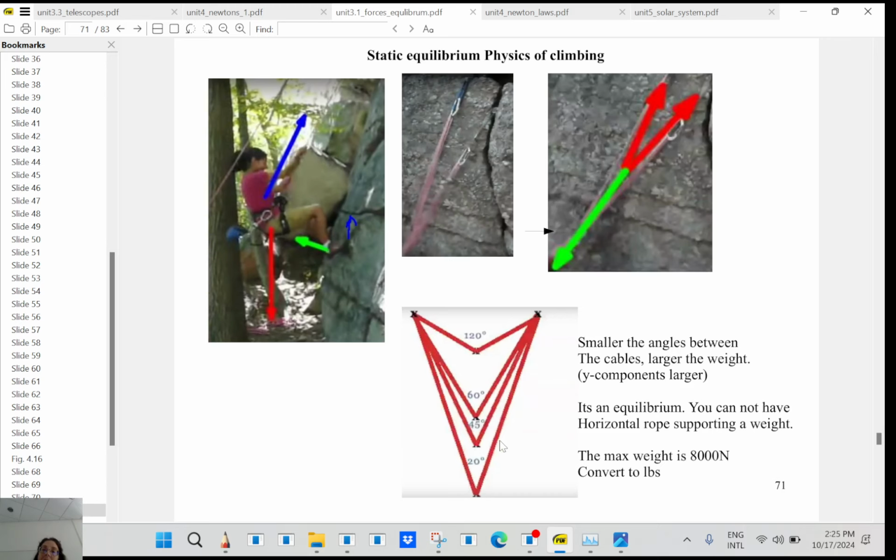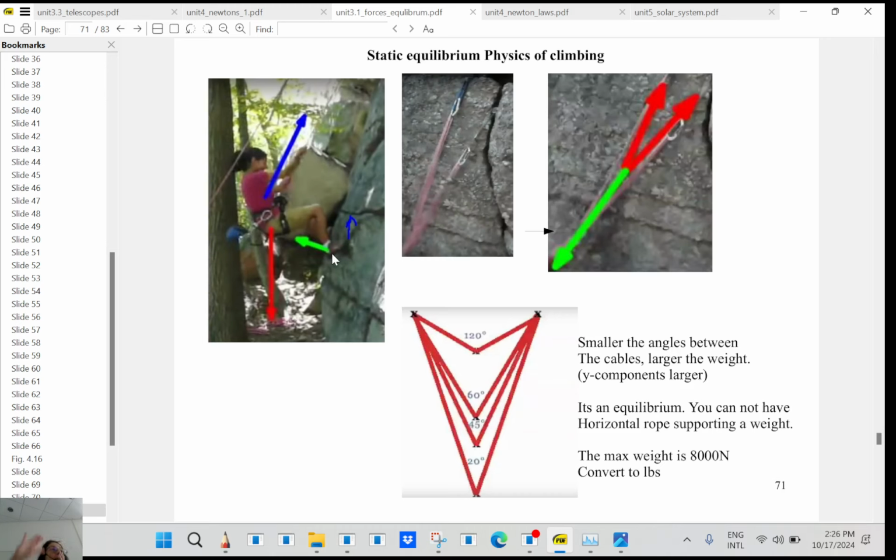Okay, so static equilibrium. You need to know which forces are involved. So, for example, in that case, you're going to have a pull, maybe two pulls if you have two strings, right? And then she's not moving. She is in static equilibrium. She's pushing the rock, so the rock is pushing back. So that will be the normal force. Normal means perpendicular.